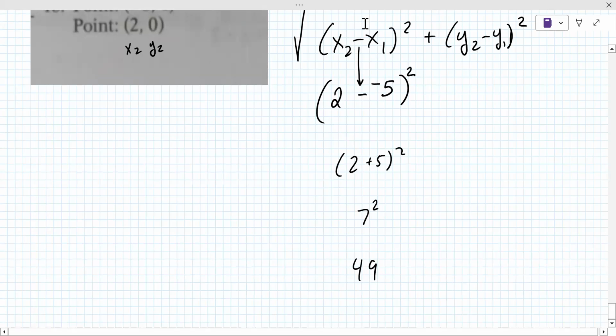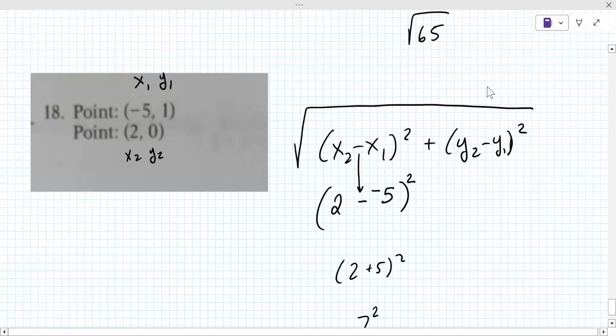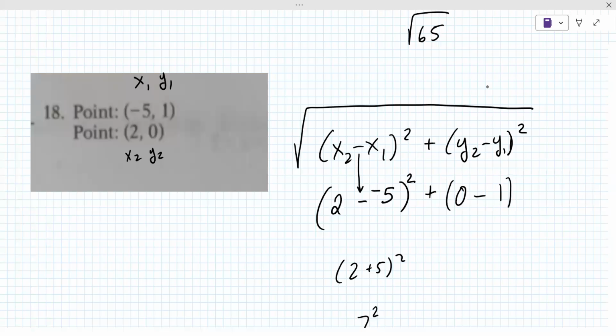Okay. And then what about the y? Same thing here. What's y2? Y2 would be 0. What's y1? 1. Okay, what is 0 minus 1? 1. No, that's 0. Nope, 0 minus 1.